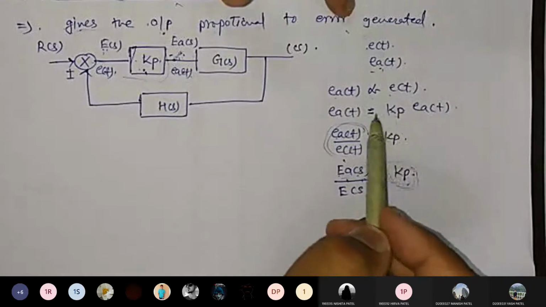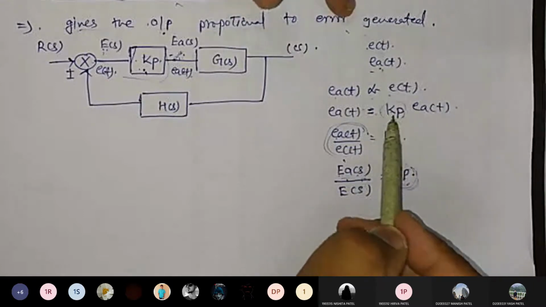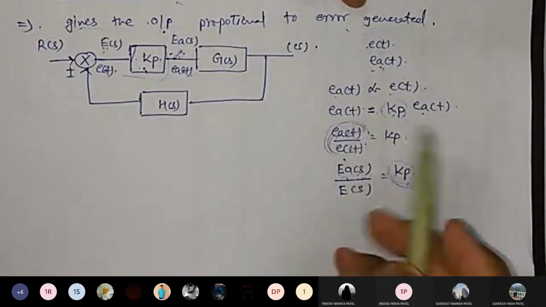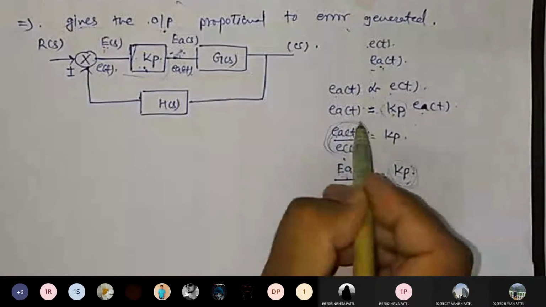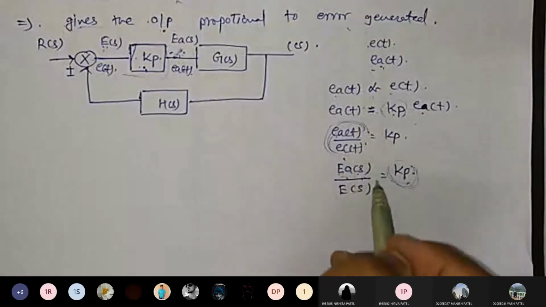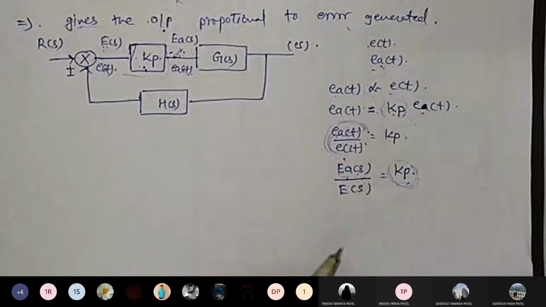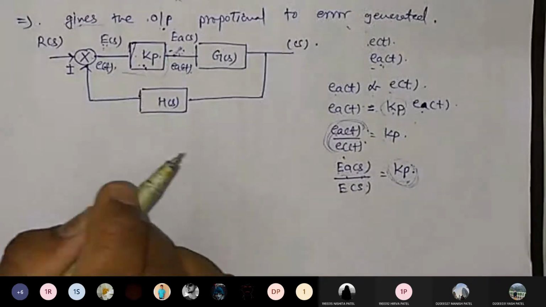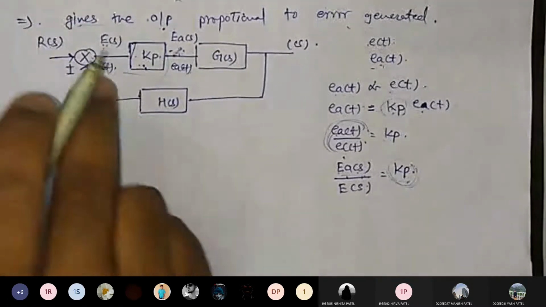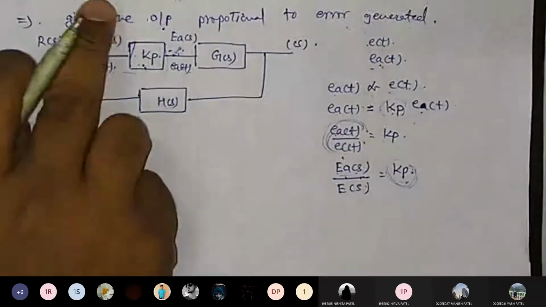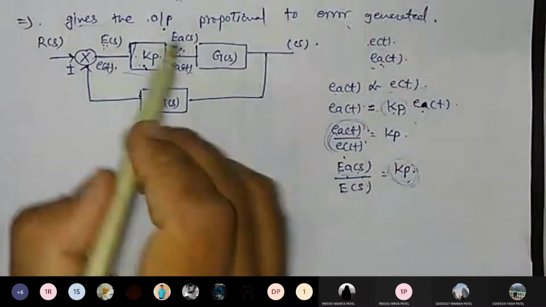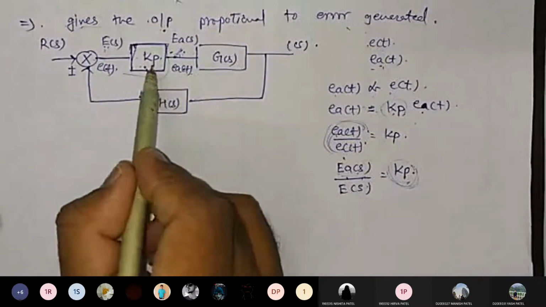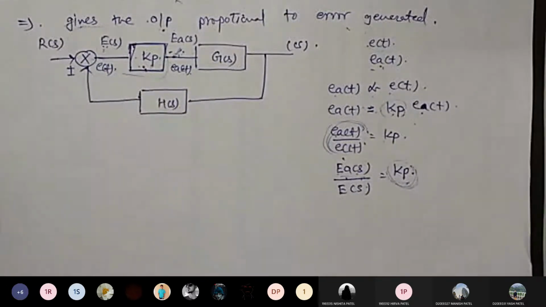Removing the proportionality, we put a constant Kp, so Ea(t) divided by E(t) equals Kp, and turning into Laplace form we get this. So the structure of a proportional controller is like this: there will be one block having a gain of Kp.